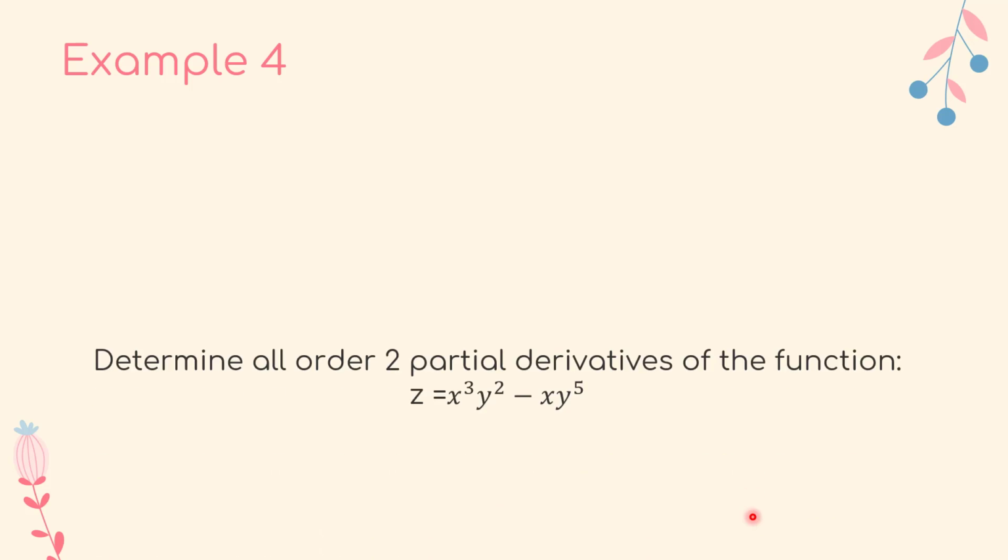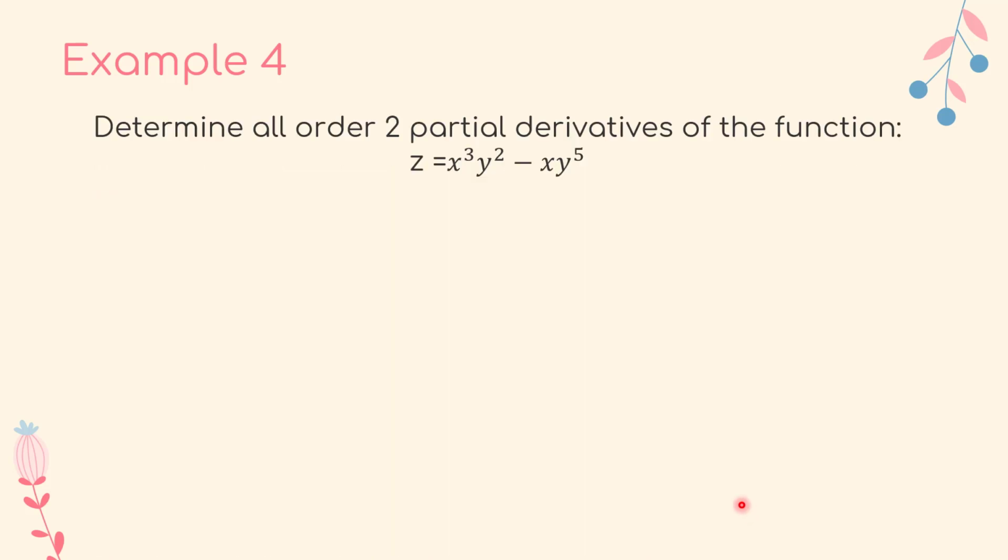Example 4. Determine all order 2 partial derivatives of the function z equals x cubed y squared minus x y to the power of 5. Here, for dz dx, we will differentiate the function with respect to x and suppose y is a constant.